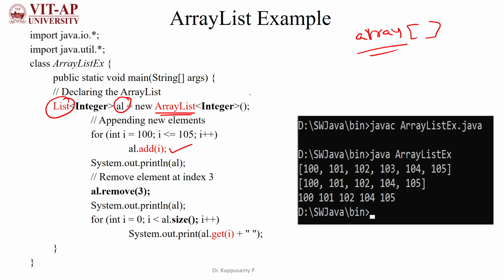So here we are not representing the size of the array. That means dynamically we can add the elements and remove the elements. So here add is the method to add the elements, remove is to delete the element from the array, and here get is to access the element from the array list.